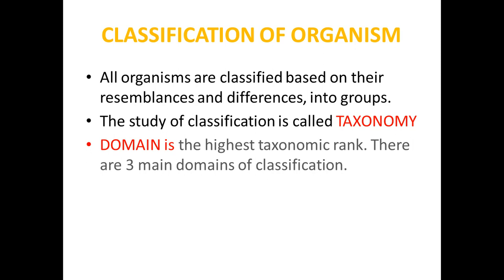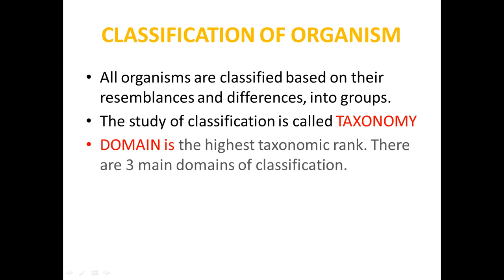So the underlying principle of classification is that all organisms are classified based on their resemblances and their differences into groups. Each group will have similar features, and two different groups will have different features.